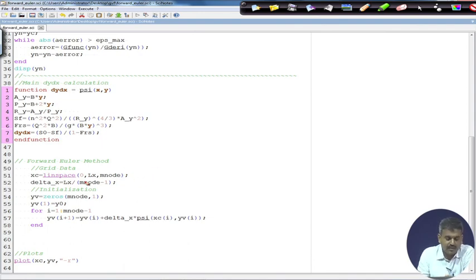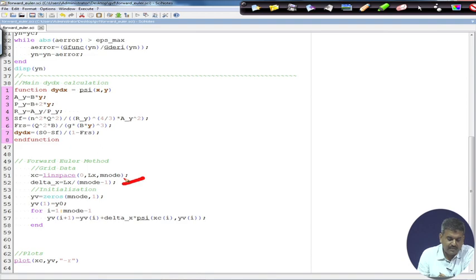So, xc is linspace 0 to Lx, and m node is the number of nodes in the x direction, including the endpoints, and delta x is Lx by m node minus 1. For initialization, yb is the flow depth value, zeros of m node by 1, and yb of 1 equals y naught.